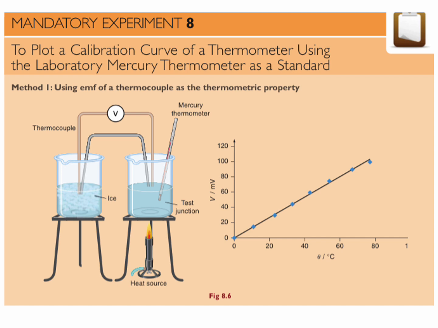Another way we can do it, and this could come up in an exam, is using the mercury thermometer as your standard and the EMF of a thermocouple as the second thermometer, the thermometric property here being that changing voltage or that changing EMF.